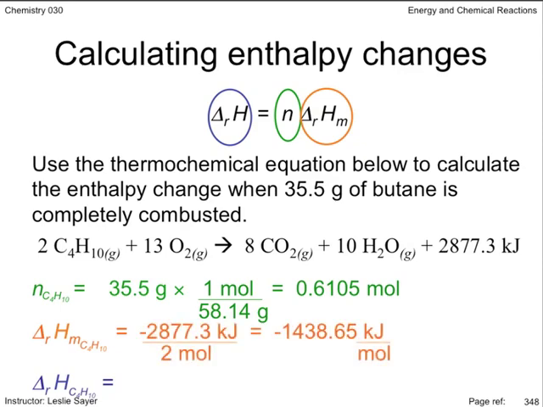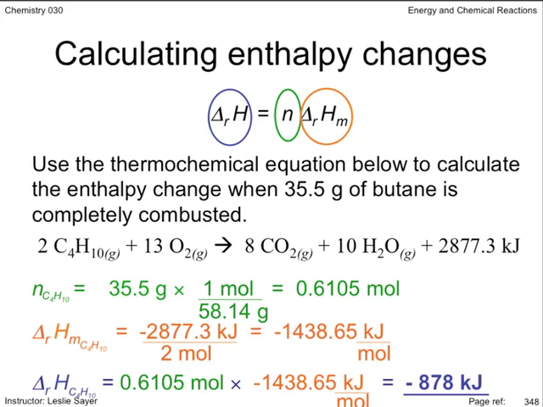Next, the change in the molar enthalpy of reaction of butane is the delta H as written in the equation. It's a negative value, remember, because it's a product in this reaction, divided by the coefficient next to the butane, which is 2. We get negative 1,438.65 kilojoules per mole.